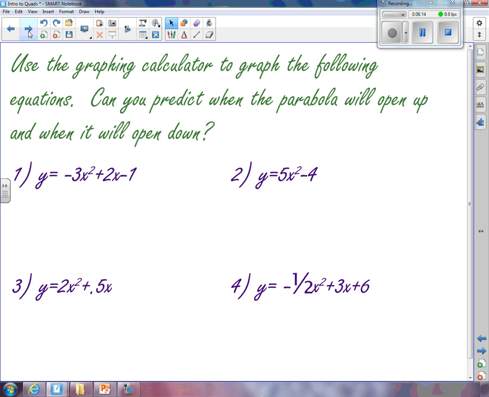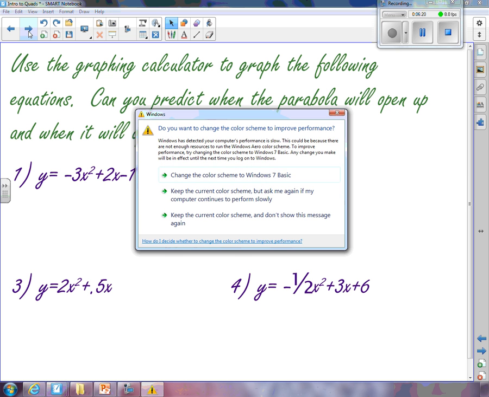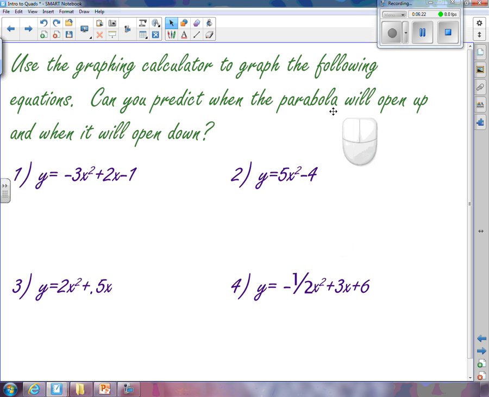So I just went ahead and graphed this on some software that I had. For the equation y equals -3x squared plus 2x minus 1, that graph just looks like this. You can see that it's a little bit skinnier and it's facing downward. If you look over here, I have the equation y equals 5x squared minus 4.